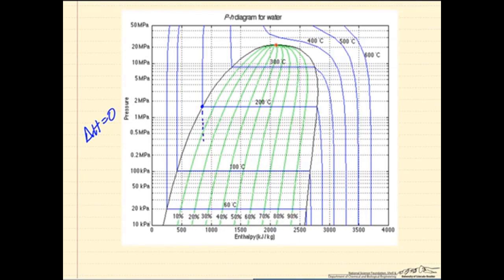Then that means if we started with a saturated liquid and we lowered the pressure, we'd end up with a vapor-liquid mixture, and we would drop the temperature significantly by throttling and lowering the pressure. And of course, this is what we take advantage of in a refrigeration system. By dropping the pressure through a throttle, we get a large temperature decrease, and we can get to low temperatures where we can take advantage of this for refrigeration.